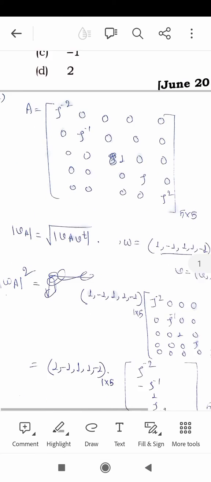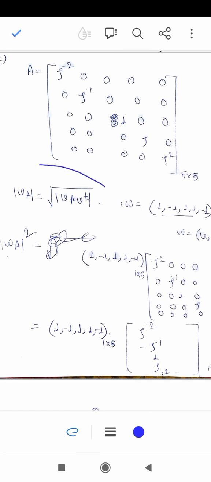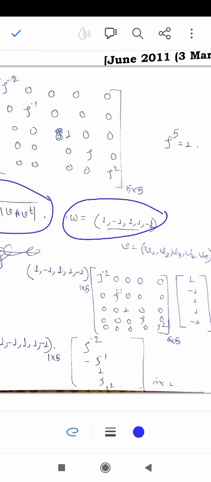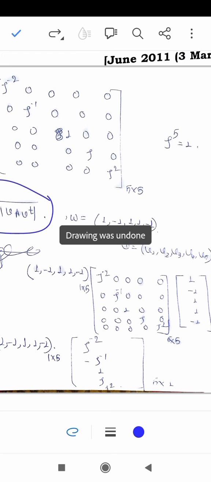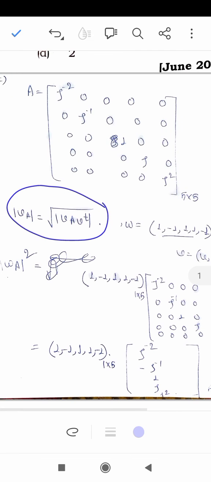Here this matrix A is given, right? According to this definition, my W is given this. What I can do is simple: I calculate this quantity, the mod of WA, its square, because it's a square root, so I bring out the square of the quantity.